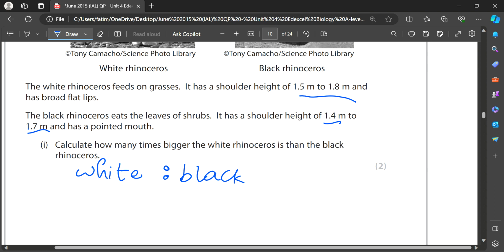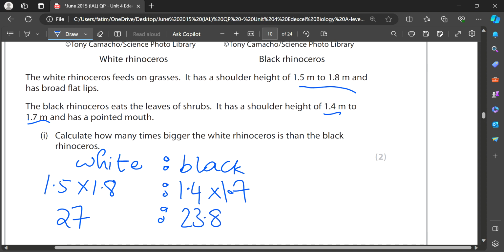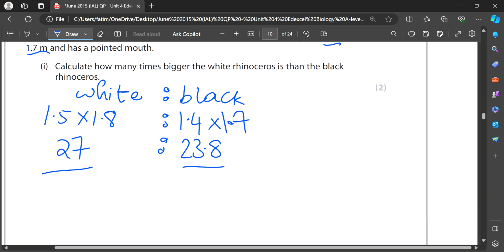Okay, so the white one is 1.5 times 1.8. We're multiplying those two values. Ratio 1.4 times 1.7. Now over here, just by looking at it, we can tell the white one is bigger because it has bigger values, and these ones are smaller values in comparison. If we multiply it, we get 27 over here, and over here we have 23.8. After that, we're just going to divide it by 23.8.